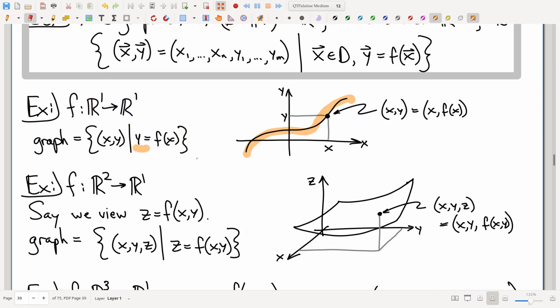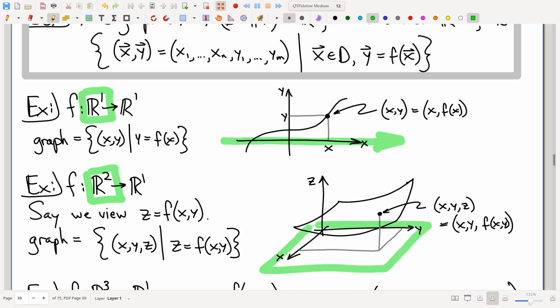Here's another point of view. You can think of, in some sense, a little bit loose and sloppy, but in some sense, it's like the domain is like this. Maybe over here, the domain is this entire XY plane. And then the function tells you how far to push upward from points in that domain, right?